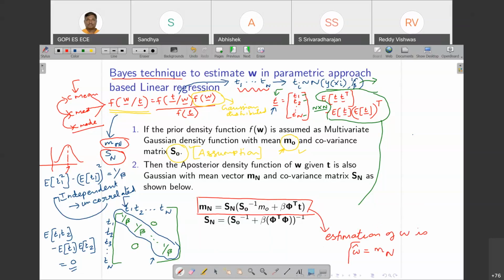That's all, the problem solved. We'll discuss how this is related to regularization in the next class. I will explain all of it once again, but as of now, you have to understand that the estimate of W is Mn. That is the final answer.